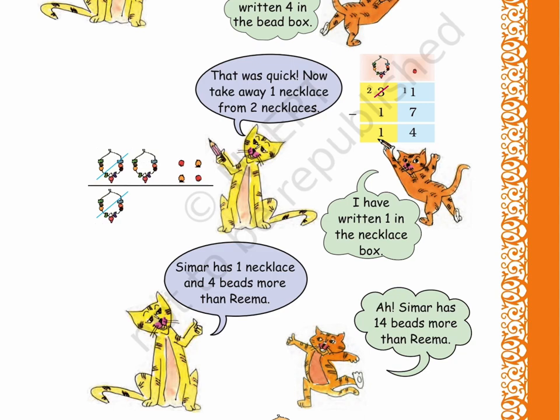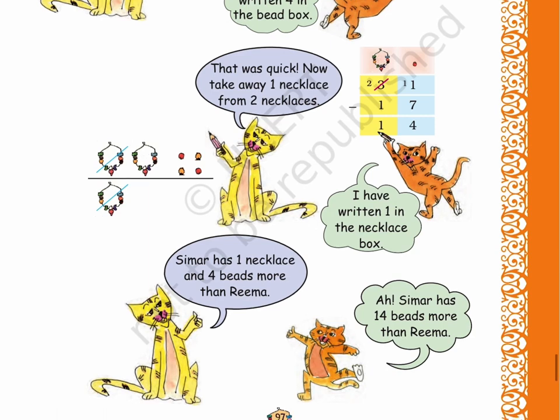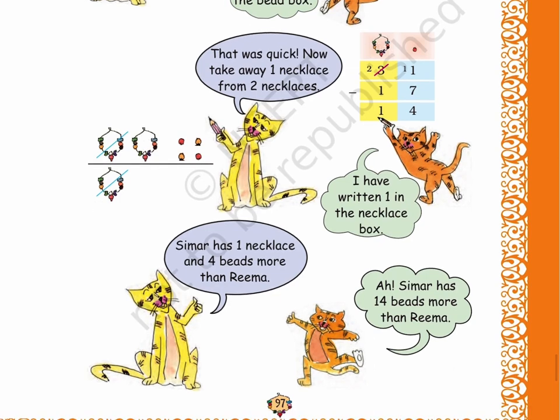Now take away 1 necklace from 2 necklaces, 1 necklace from above and below the sleeping line is stroked off." Cat 1 is writing in the necklace box of the table and is saying, "I have written 1 in the necklace box." In picture 3, cat 2 is saying, "Simar has 1 necklace and 4 beads more than Rima."